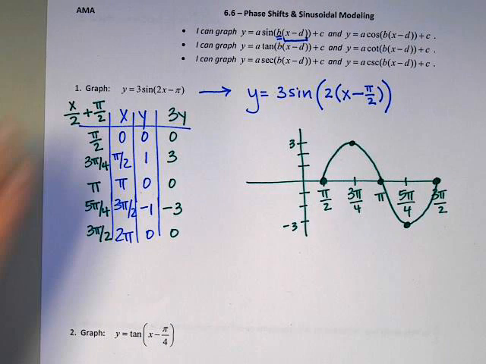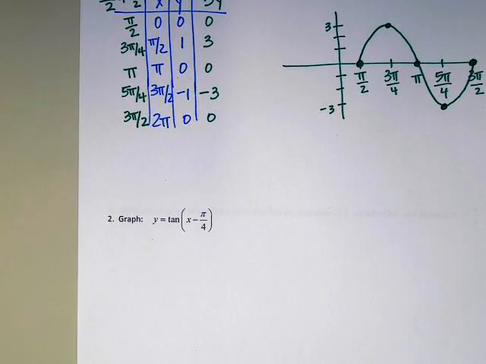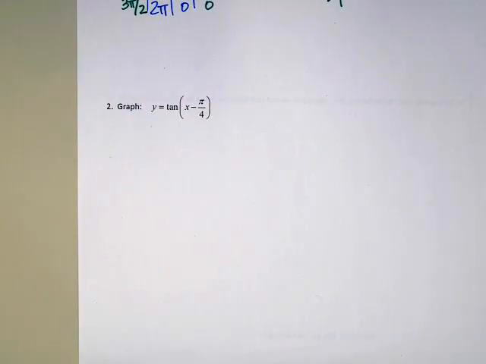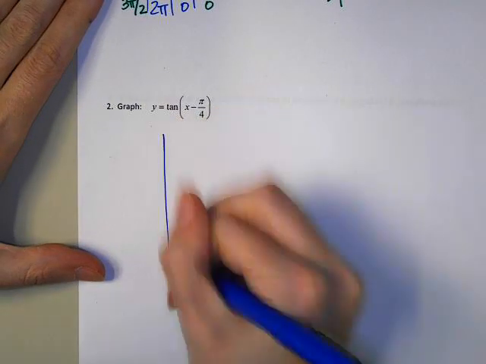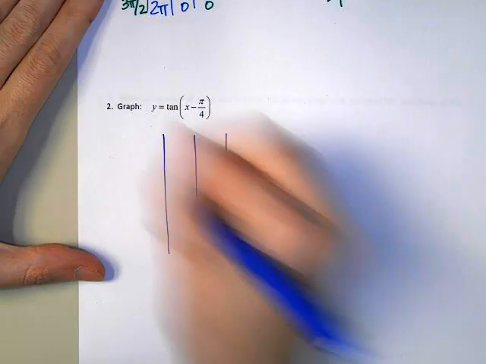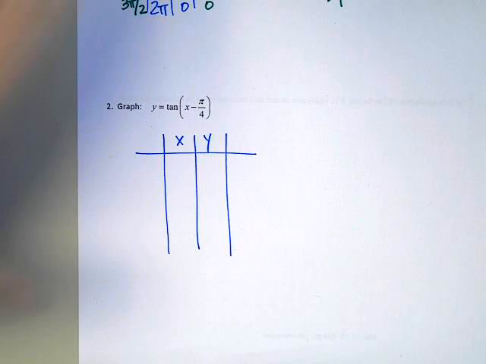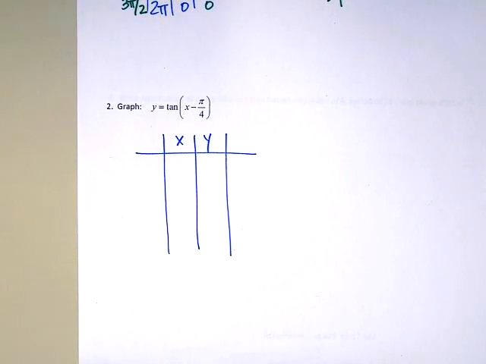Awesome. Okay, moving on. Let's do a tan shift. So let's see. Let's get our 5 key points for tan without any transformations first. Now remember, what are our 5 key points for tan?